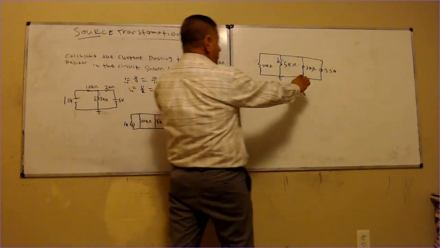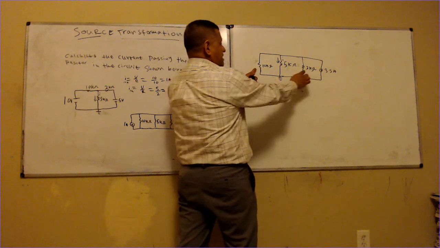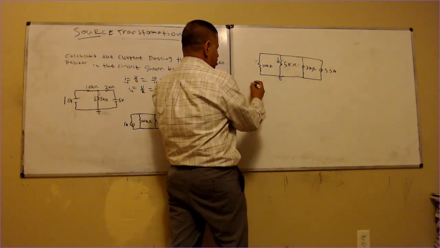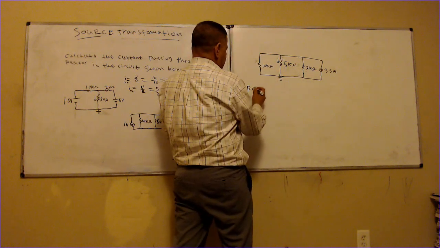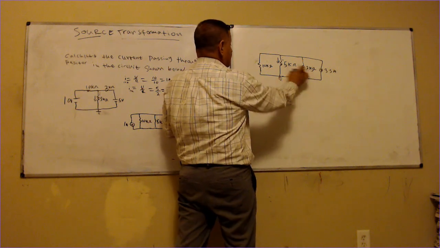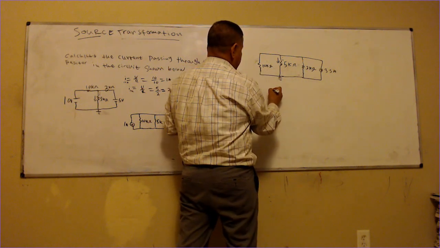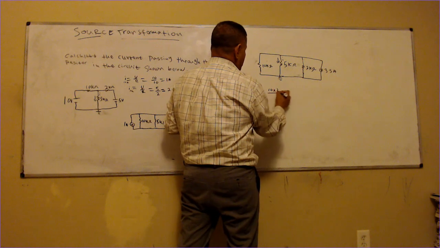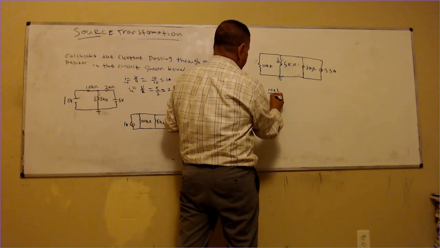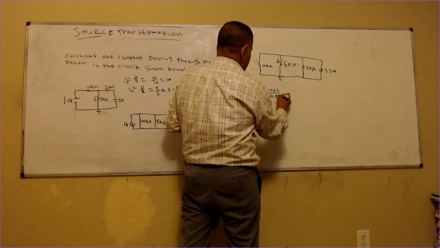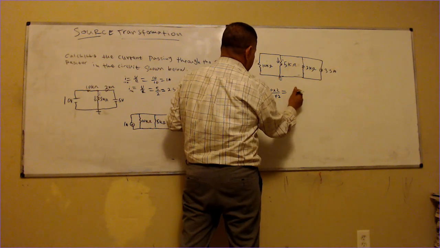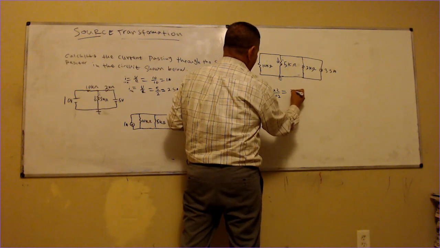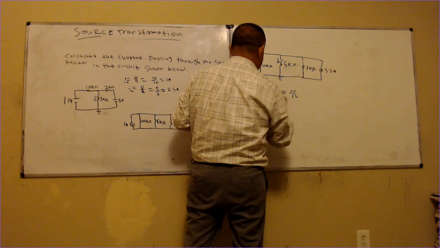Okay, now I can actually combine these two resistors in parallel, right? So R parallel between that and that is going to be 10 times 2 over 10 plus 2, which is equal to 20 over 12, right?